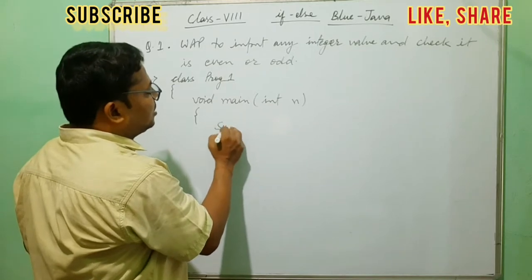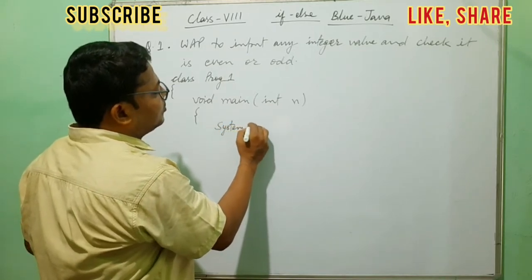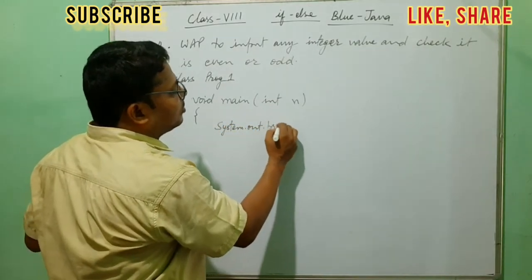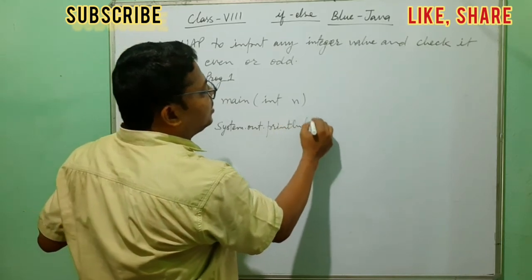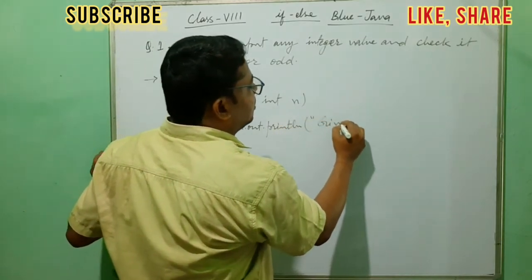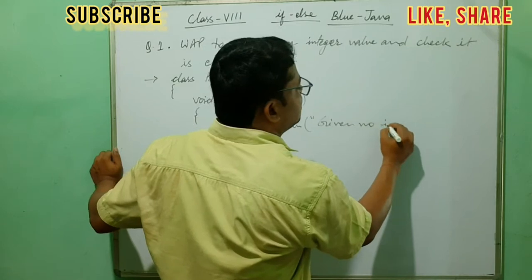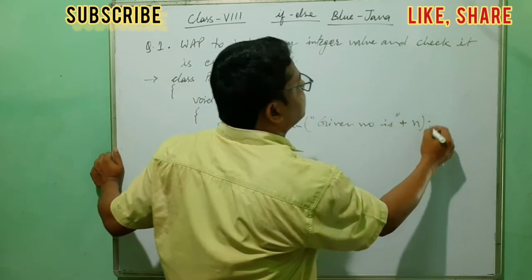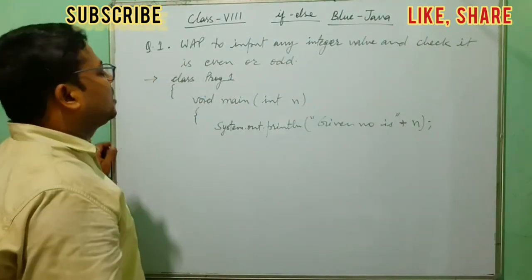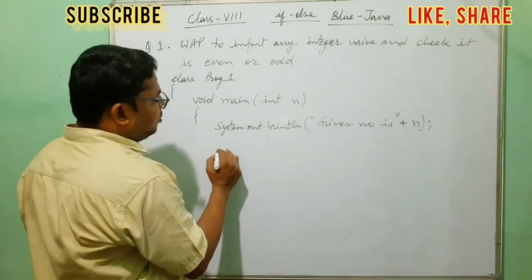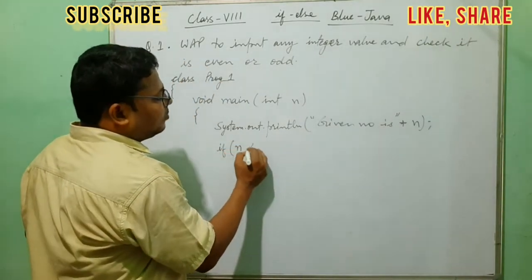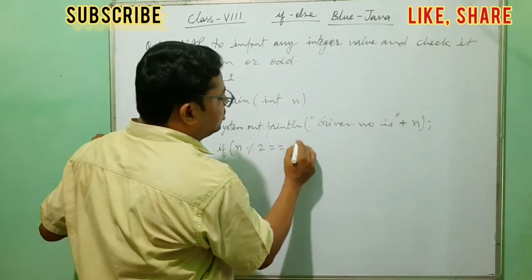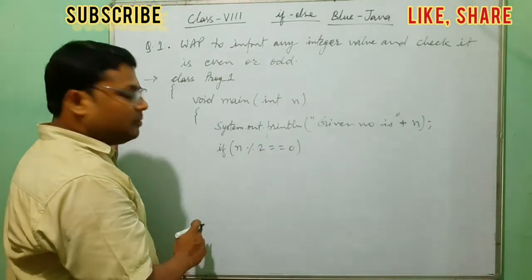So you write System.out.println("given number is" + n). And here we check if n mod 2 is equal to 0, that means it will check even.